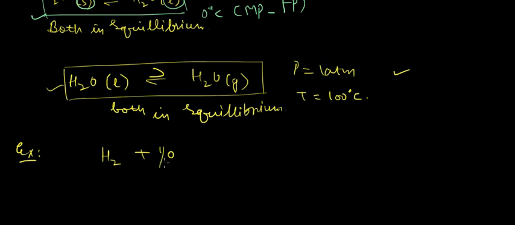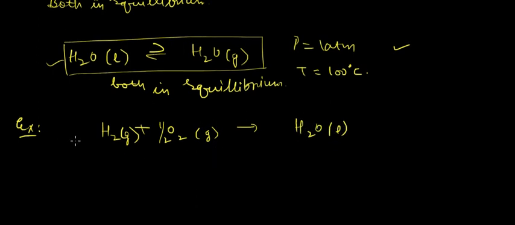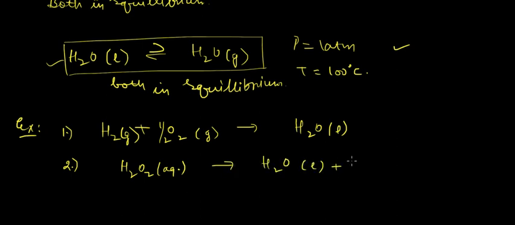So let's say I have H2(g) and O2(g) and they combine to form H2O(l). This is the first source of preparation of H2O(l), and a second source can be aqueous peroxide. This will dissociate into H2O(l) plus half a mole of O2 gas released.